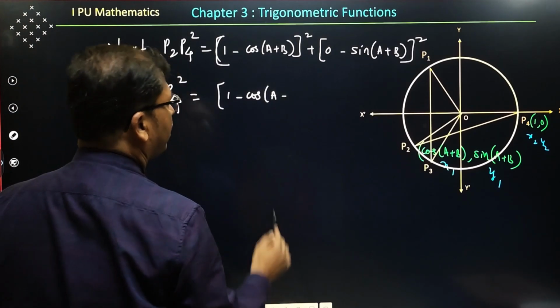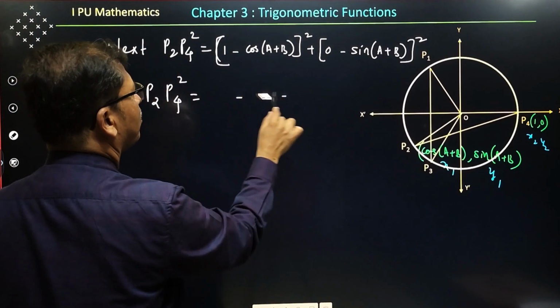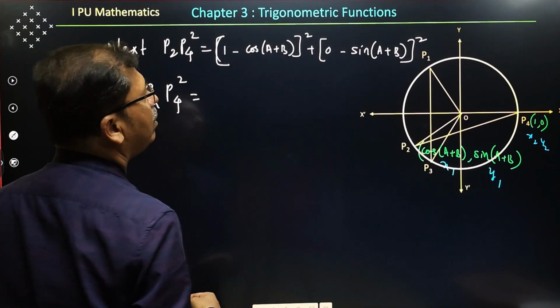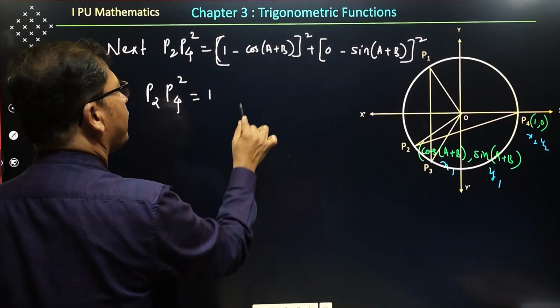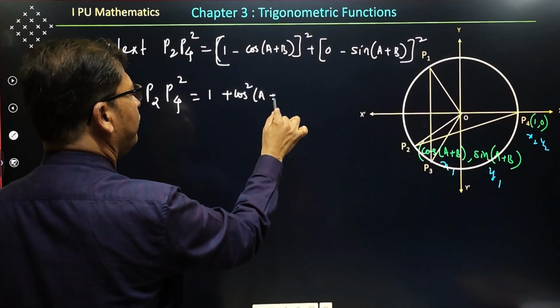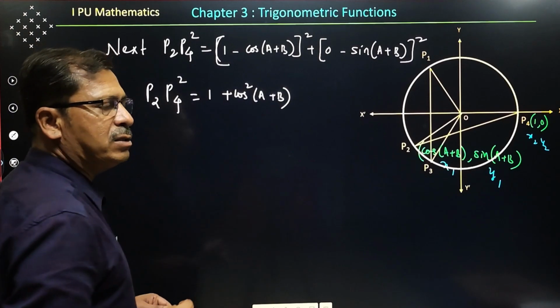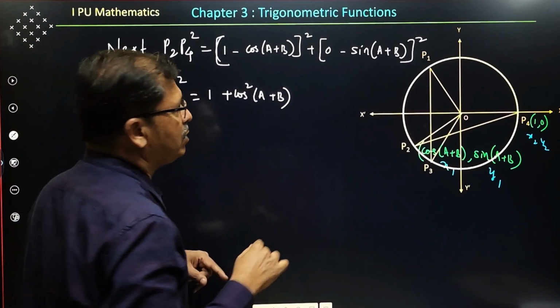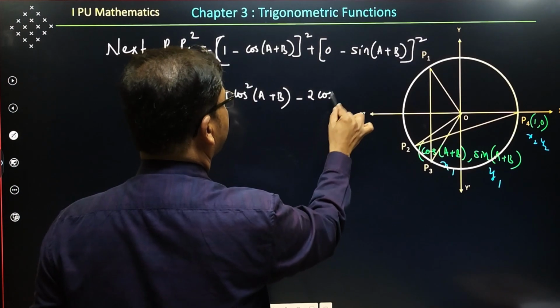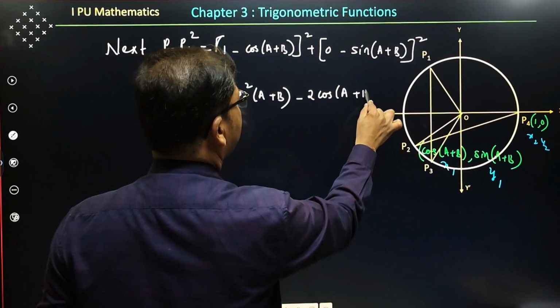Better you expand it. Expansion is the most suitable for this step, in my opinion. This is going to become 1 square, 1 plus cos square of a plus b, minus 2 into 1 into cos of a plus b.